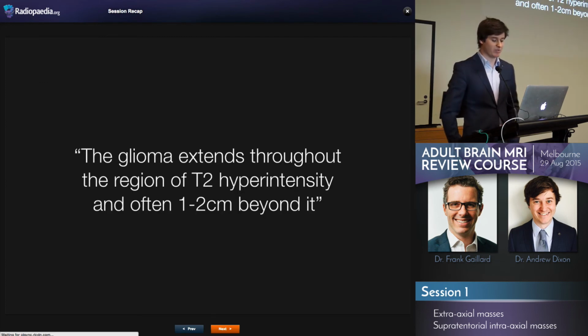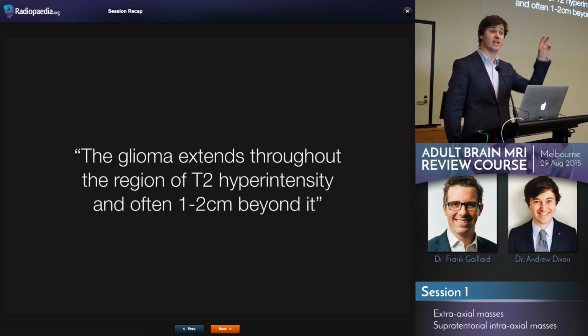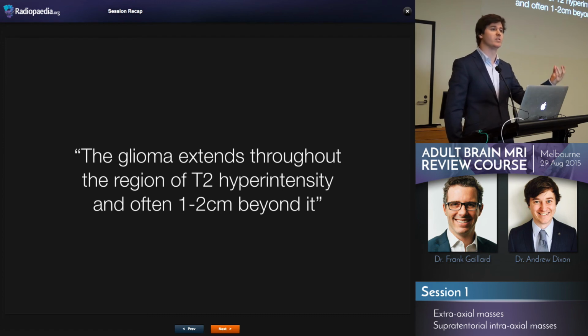This is another statement, a little quote from Frank that stuck with me. The glioma extends throughout the region of T2 hyperintensity and often 1 to 2 centimetres beyond it. I think there's a tendency for people to describe the white matter hyperintensity as being vasogenic edema, whereas that might be the case if you're dealing with a metastasis.